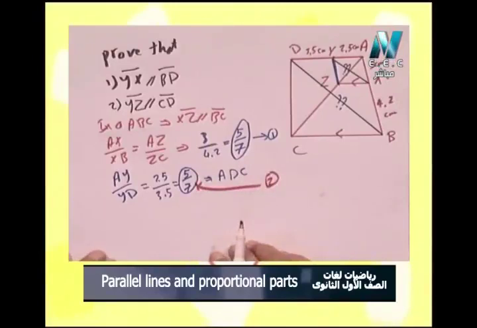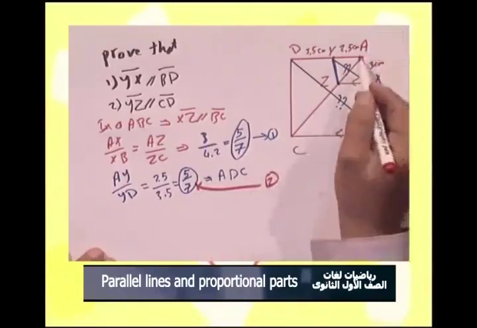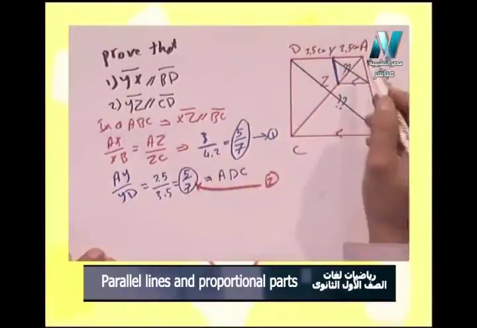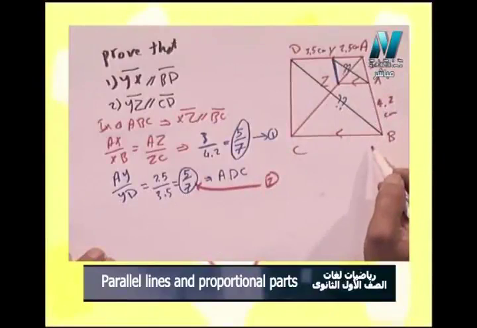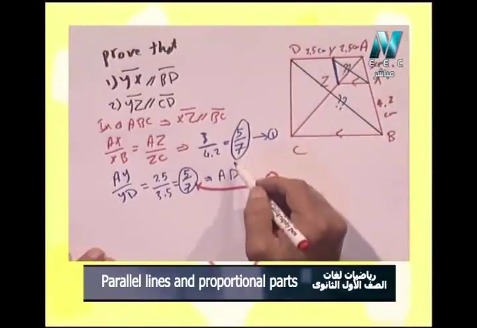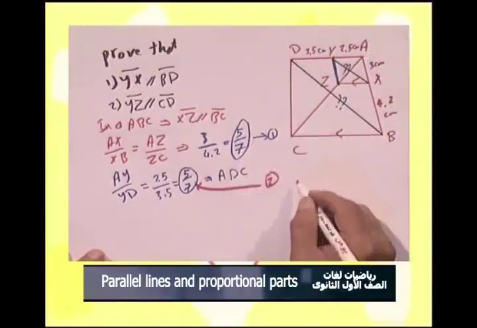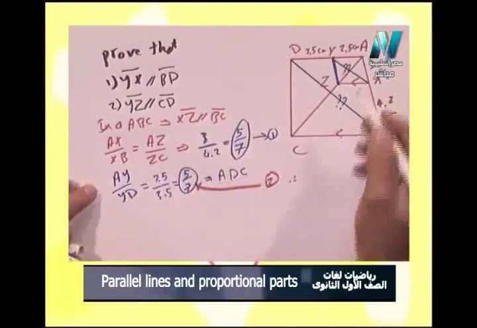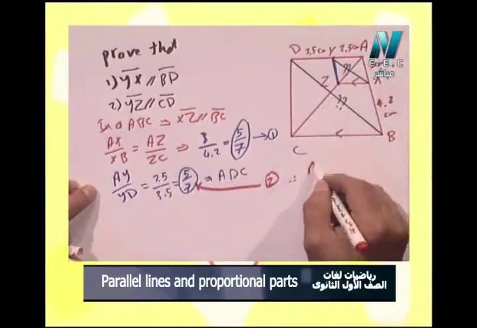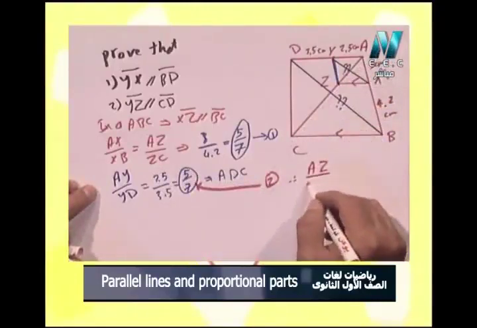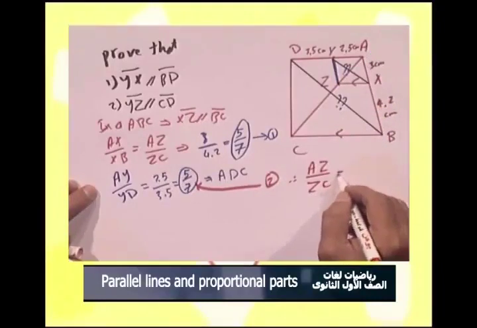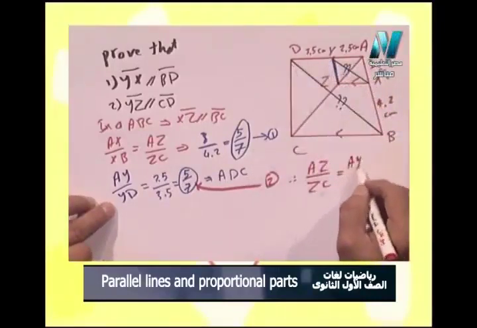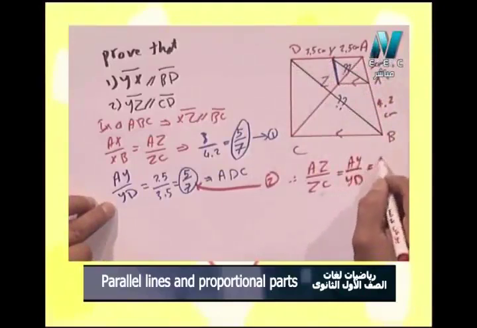Okay, we have AY over YD equal to 5 over 7 and AX over XB also equal to 5 over 7, so they are equal. So we can say that AZ over ZC equals AY over YD equals 5 over 7.